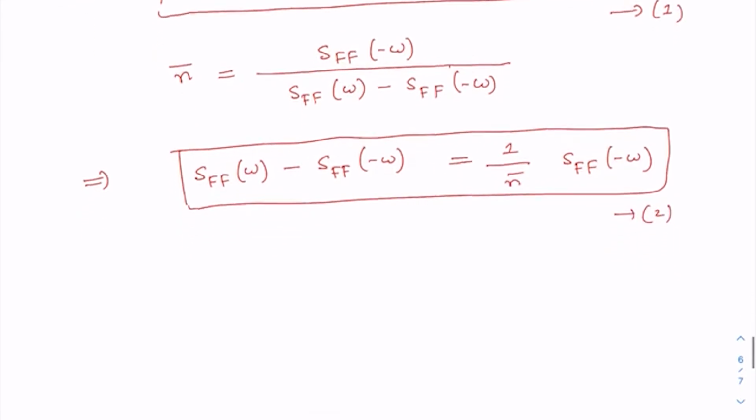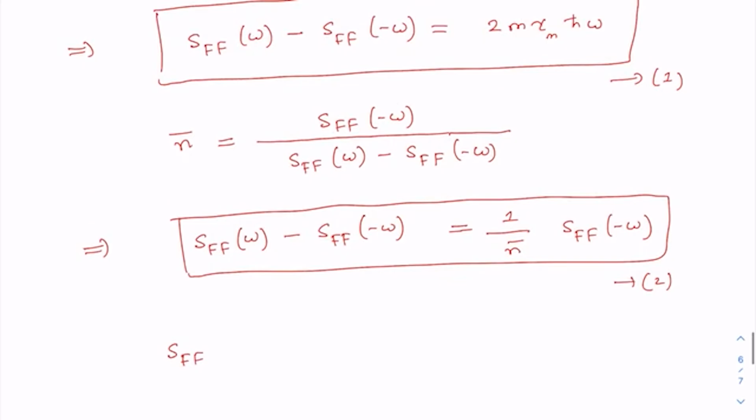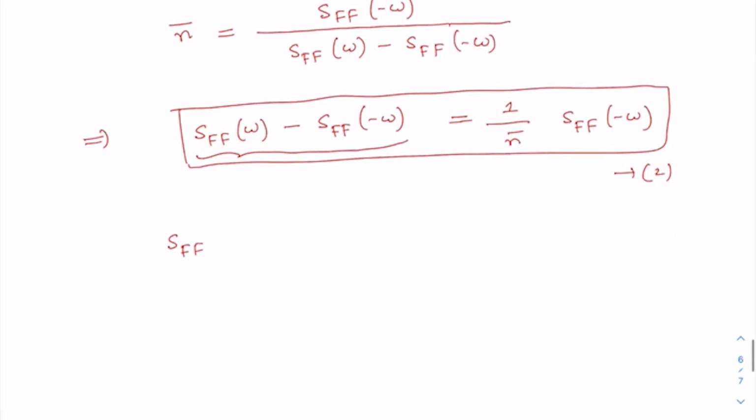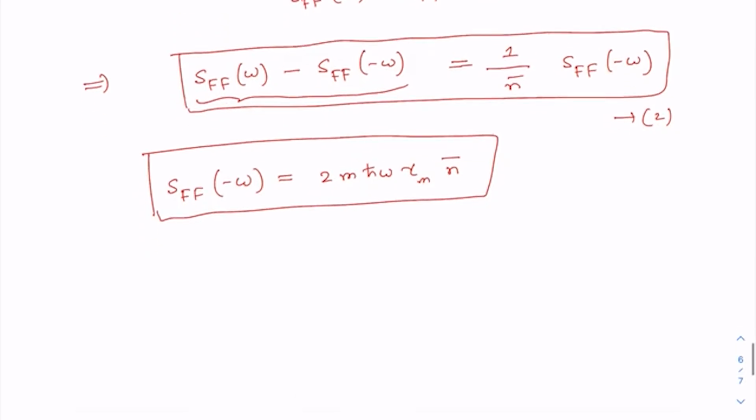I can play with these two expressions, and one thing I can immediately write is one quantity that I can work out, S_FF at minus omega, because I know what this expression is from here. Using this, I have S_FF at minus omega equal to 2 m h cross omega gamma_m n bar. So I know this quantity, and I have to find out the other quantity, S_FF at plus omega.